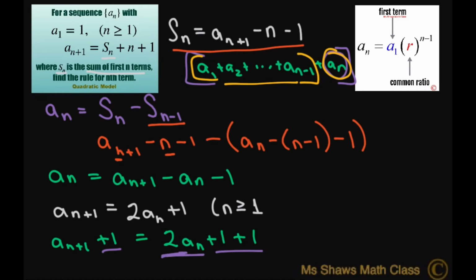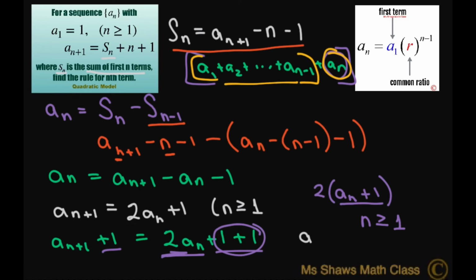And that way I can rewrite this as 2, because this equals 2, and factor out that, and I'm going to get 2 times a sub n plus 1. All right, and again, that's for n is greater than or equal to 1. So that means this a sub n plus 1 here is a geometric sequence with the first term equal to, well, let's do it this way.